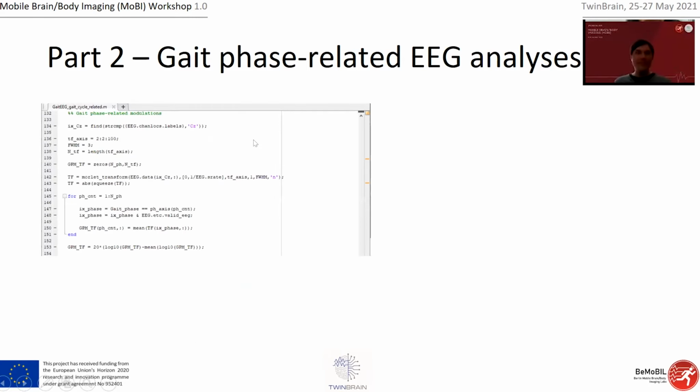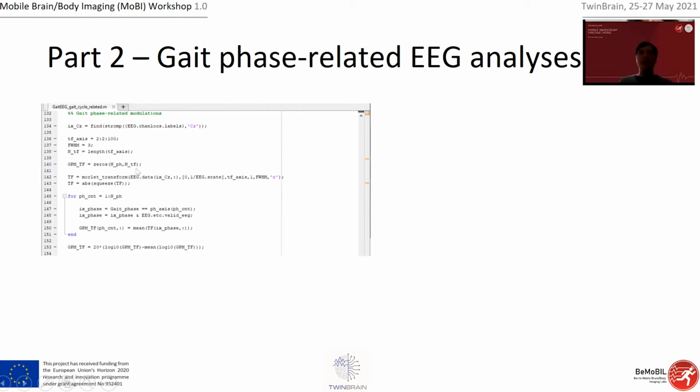To go on and focus on frequency analysis, I just do that here for the sake of time, for one channel, for simplicity. What I'm doing here is defining the frequency axis and the parameters of this frequency transform. This is the function I'm using from Brainstorm. It's exactly the same approach, meaning looking at specific phases in the gait cycle and then averaging the magnitudes.